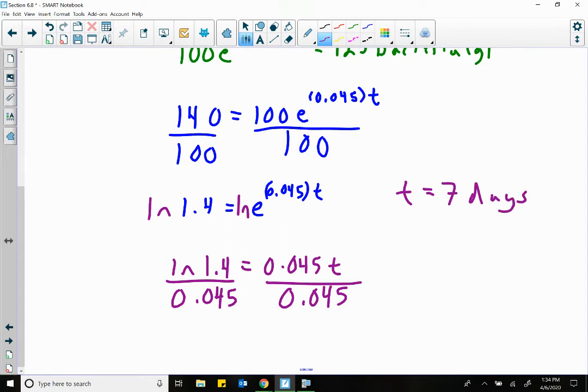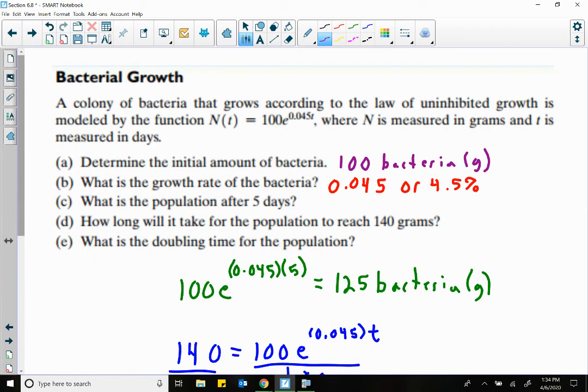Okay? The last problem, part E, is just like this. Exactly like this. But instead of 140, it says, what is the doubling time for the population? In other words, they want to know, when is the population double? So remember, our initial population is 100.